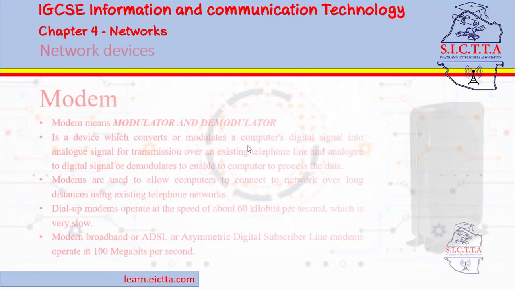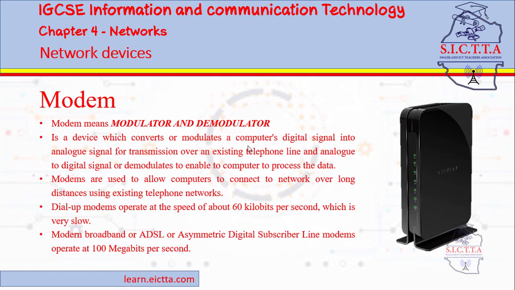The next device we're going to be looking at is one that is similar to the router: a modem. Modem simply stands for modulator and demodulator. A modem is a device which converts, or modulates, a computer's digital signal into an analog signal for transmission over an existing telephone line, and converts analog to digital signal, or demodulates, to enable a computer to process the data.